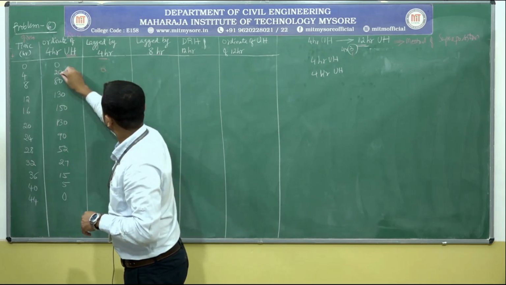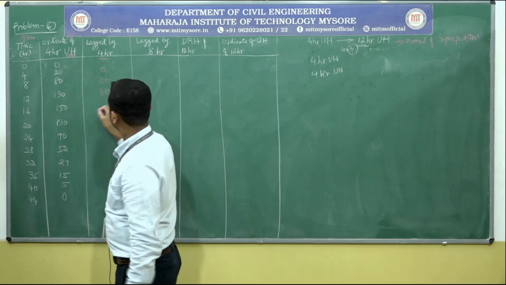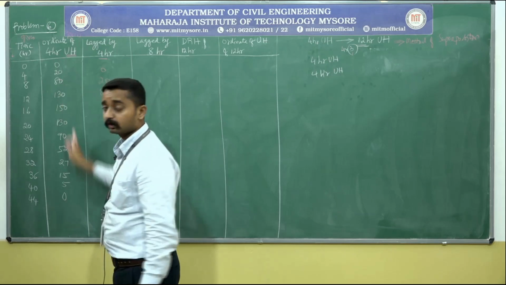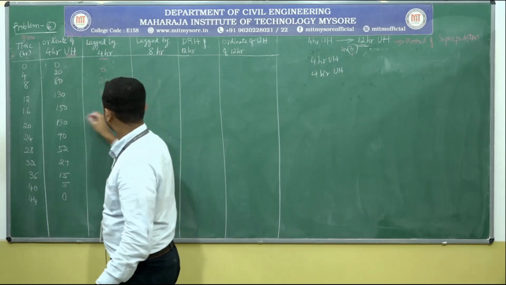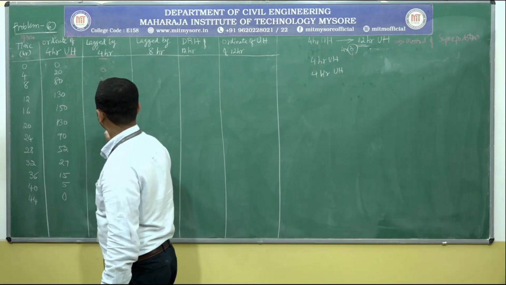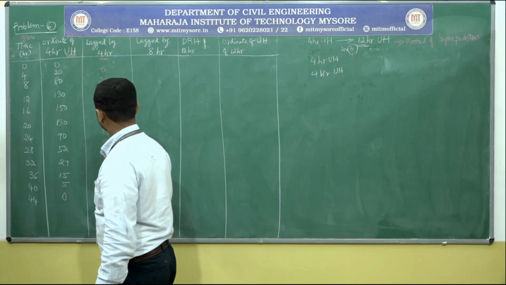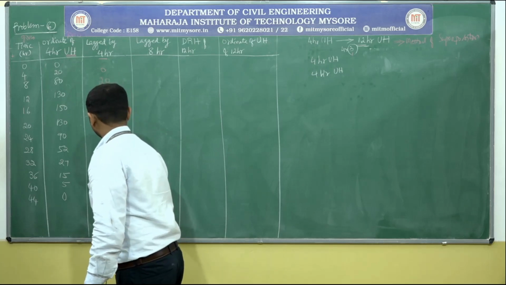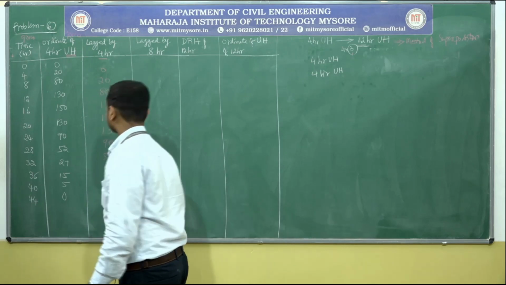0, next 20, next 80, next 130, same unit hydrograph, be careful, just lag. Next 150, 130, 90, 52, 27, 15, 5, 0.